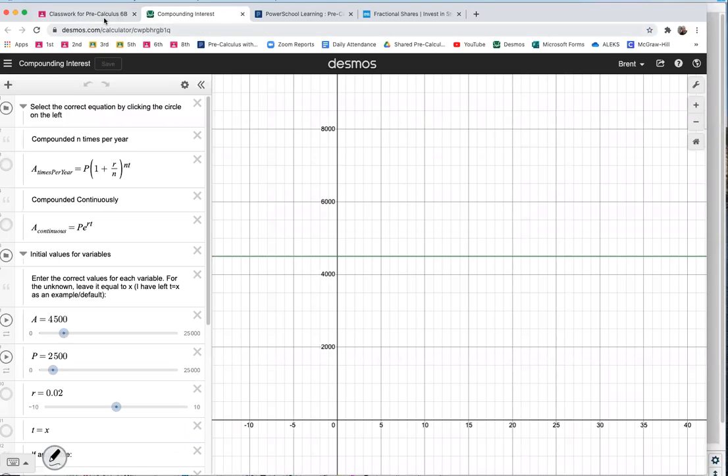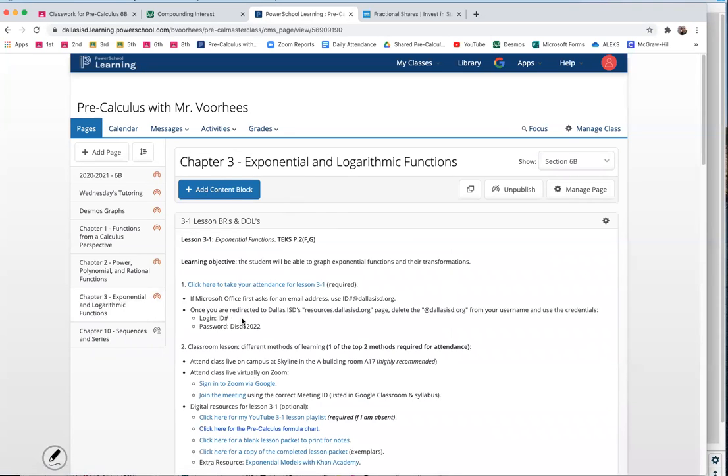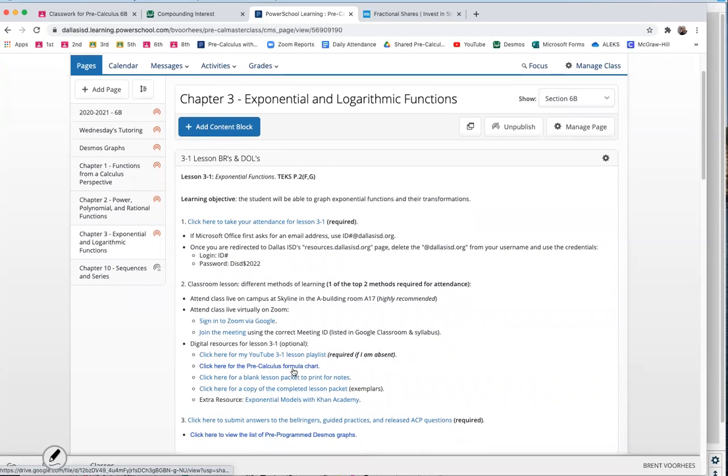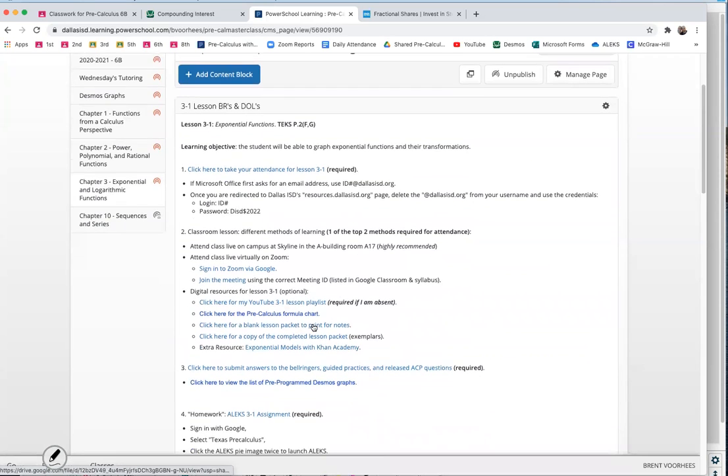Now, if you wanted to see all of this, what I just showed you, from a PowerSchool Learning perspective, let me get to your class. You would go to chapter 3. In chapter 3, you'll notice I've added them and I put it in a different color blue so it stands out. Lesson 3-1 is where they start. I'm going to add them to all of them. I haven't gone through yet and done so, but it will be there soon.